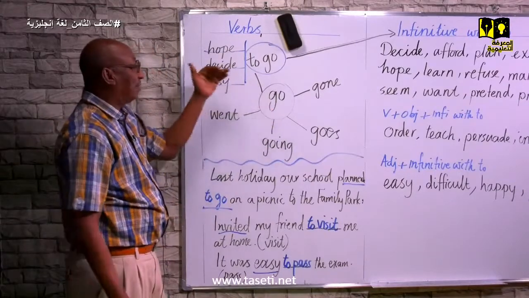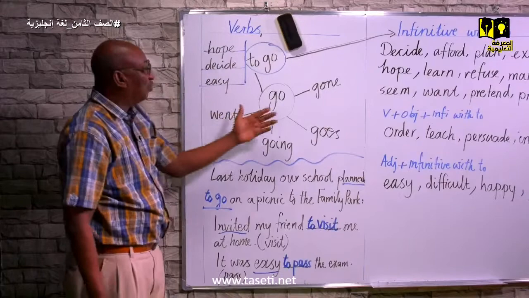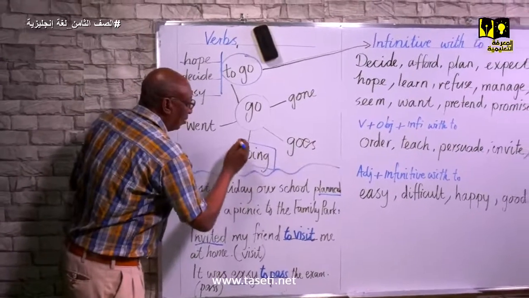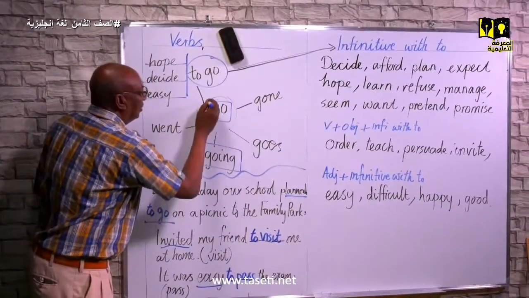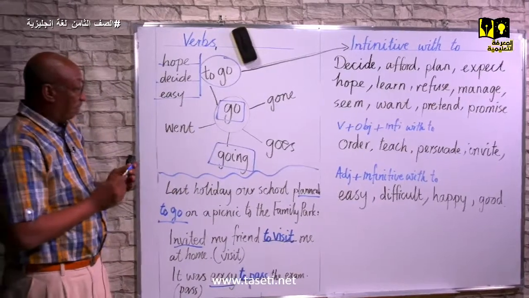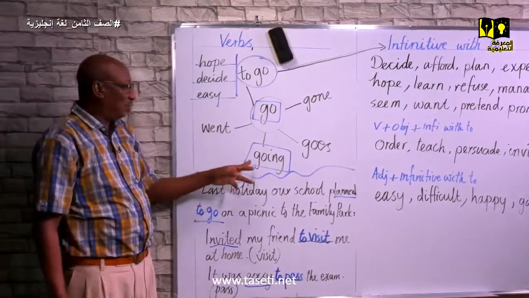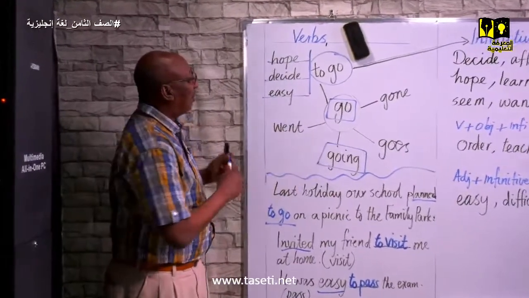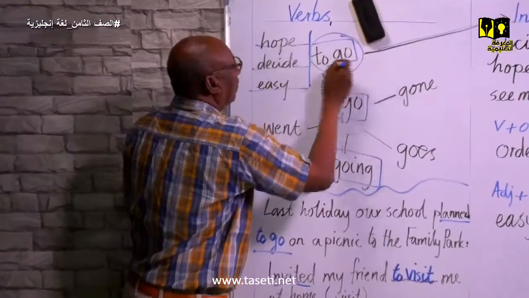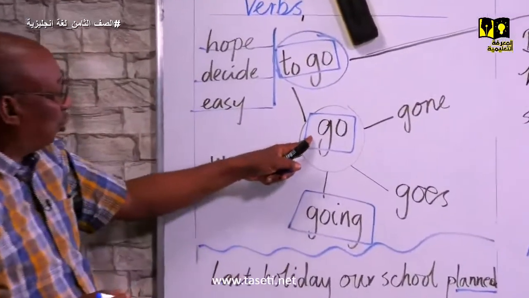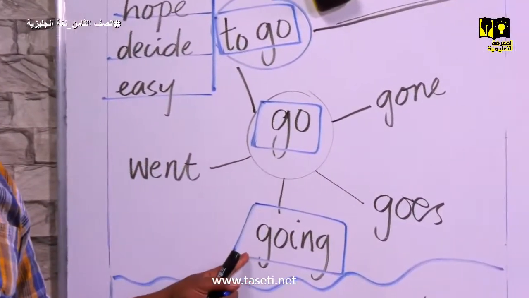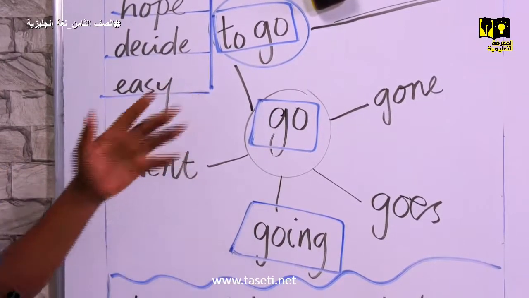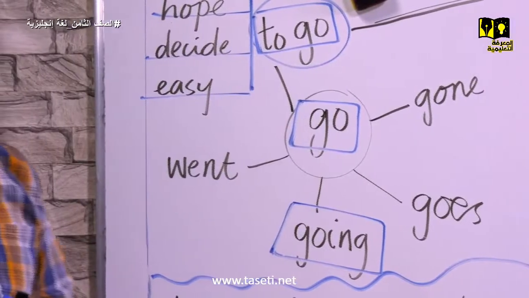Also, there are some verbs followed by the infinitive without to, and this going here could be something called gerund, or the present participle of a verb, right? Also, we use it as a noun here when we come to have this lesson. These are the infinitive with to, and this is the infinitive without to, and this we call gerund, right? Next time we will see it, inshallah, in our lessons with this channel.